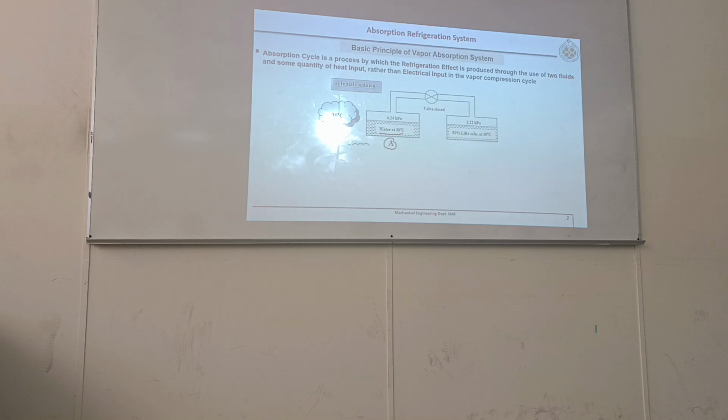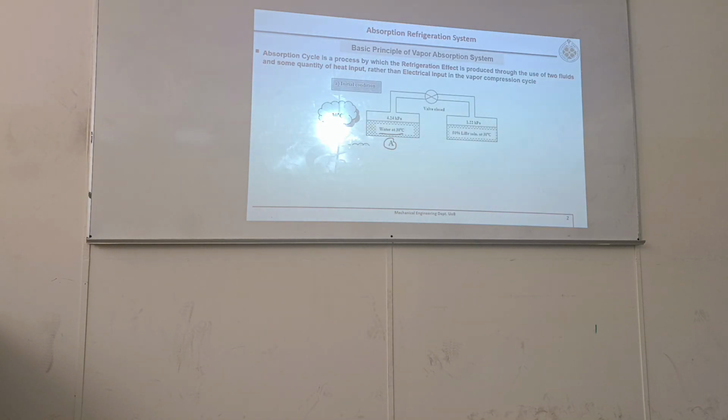Because in these systems, we use more than two fluids. In a vapor compression system, there is only one fluid flowing inside the system, which is the refrigerant. In air cycle refrigeration, what was the refrigerant? Air. The same air was flowing everywhere.